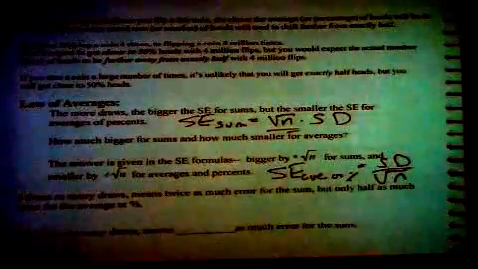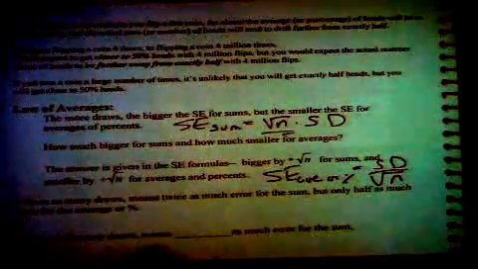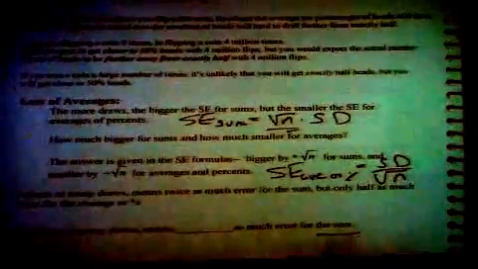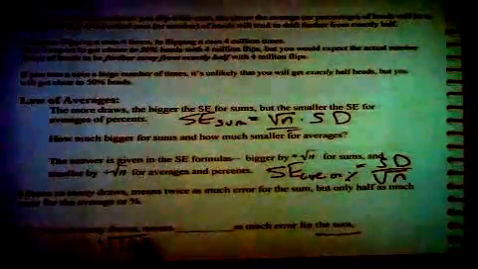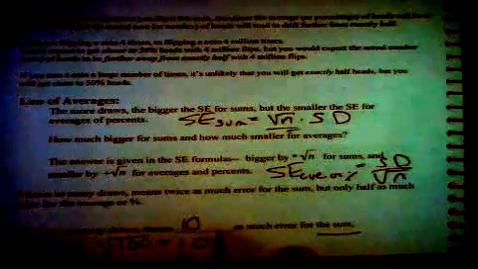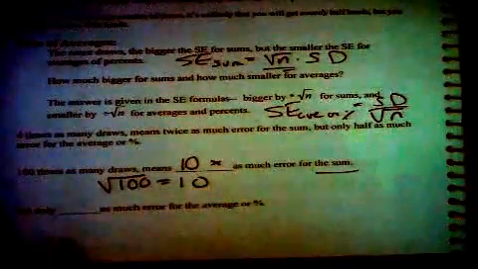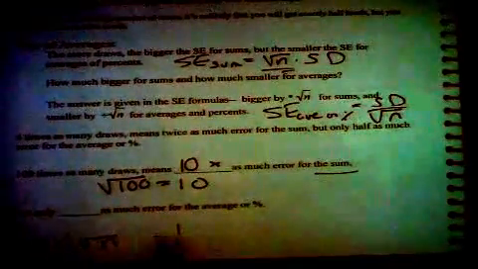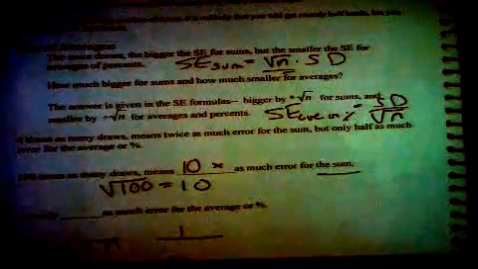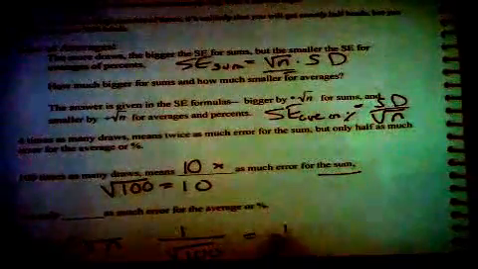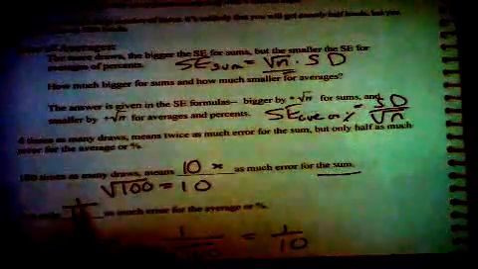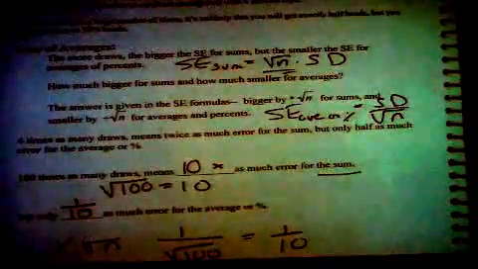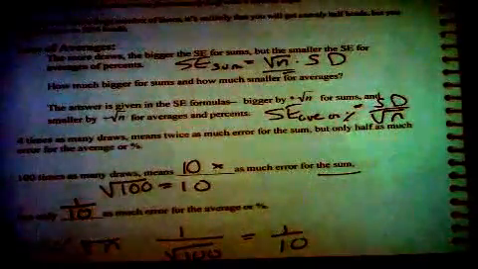So 100 times as many draws means, for the sum, the square root of 100, which is 10 times as much error. But as an average or a percent, it's divided by the square root of n, so it will be 1 over the square root of 100, which is 1/10 as much error. That's basically that. Now, let's just do some problems then.